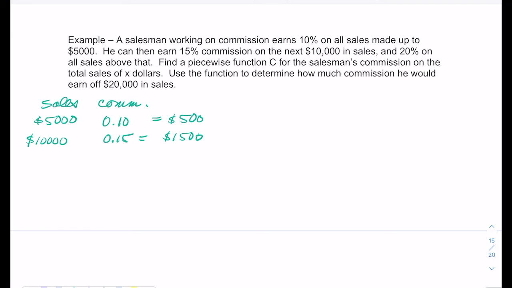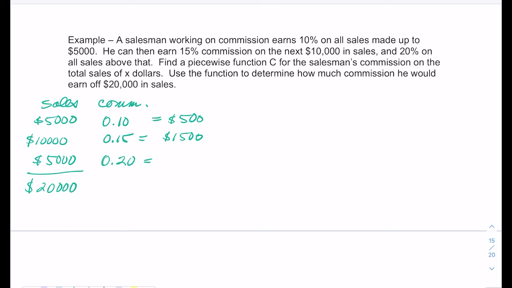Okay, so right now, if he has made sales of 5,000 plus 10,000, that gives me 15,000. So I need an additional $5,000 to add up to the 20,000. So now you can get 20% of that.